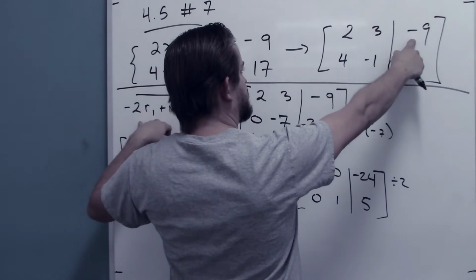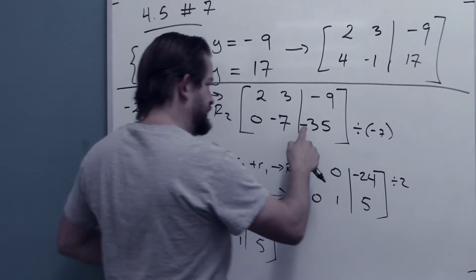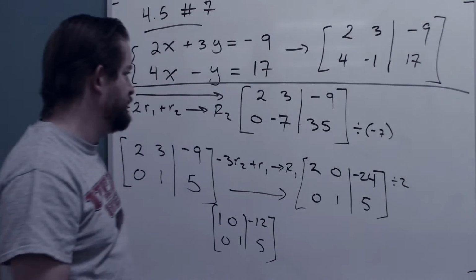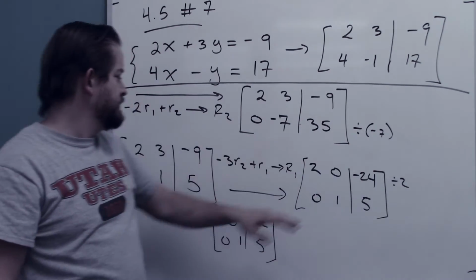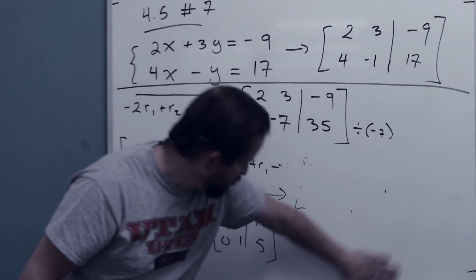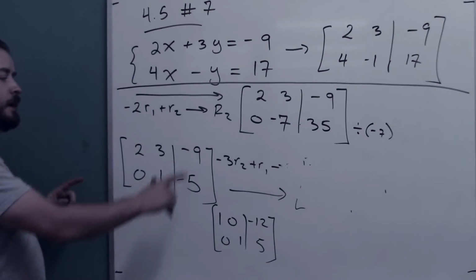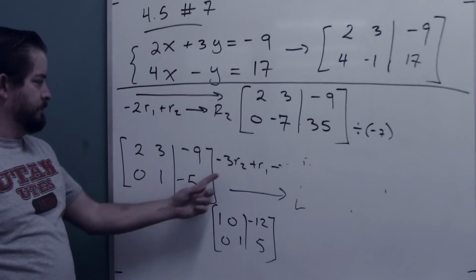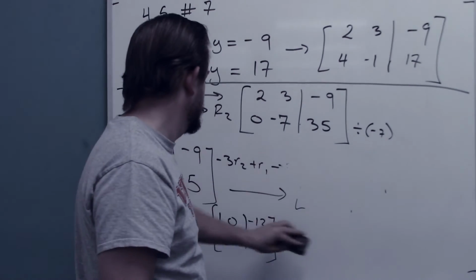Negative 2 times negative 9 is a positive 18, plus the 17 is a positive 35. And so when I divide it by negative 7, this should be a negative, and that makes all of this wrong, right? I'm still going to go through that same operation here.